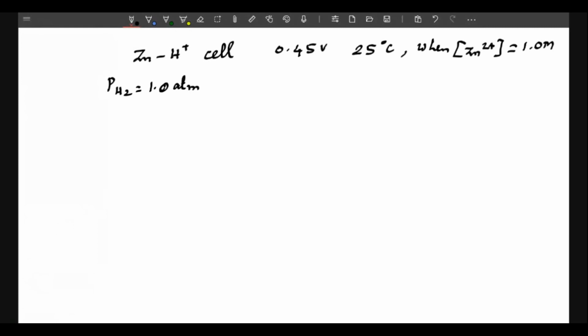Here, in the case of the gaseous state, use the pressure as the concentration. Come on. What is the pH of the cathode solution?